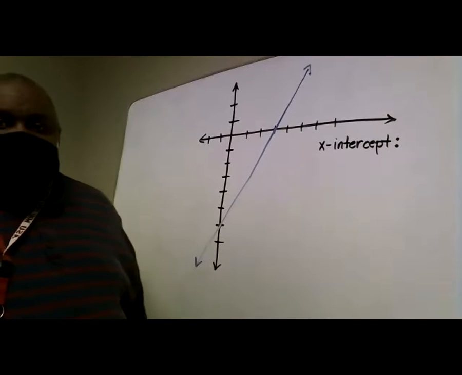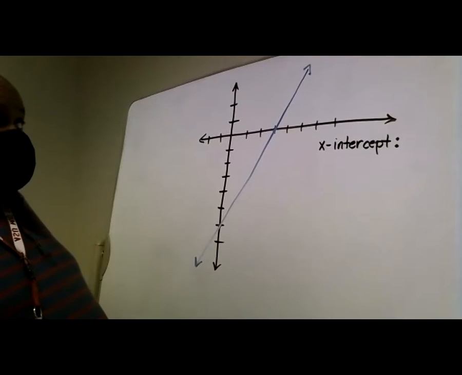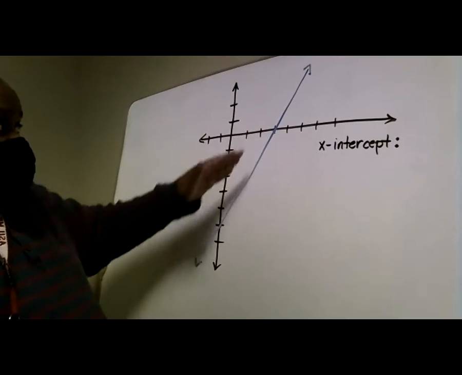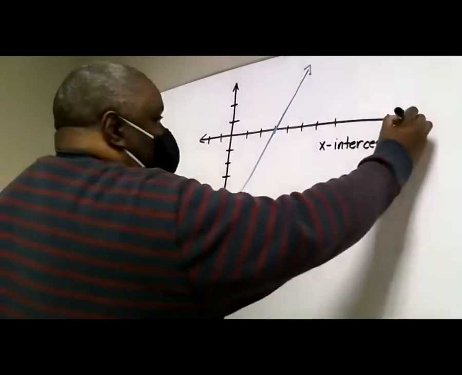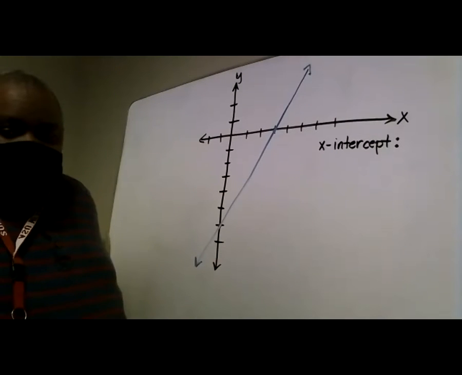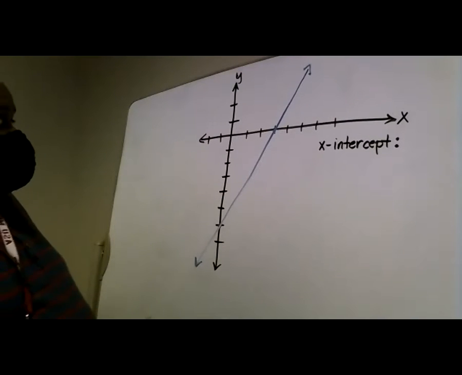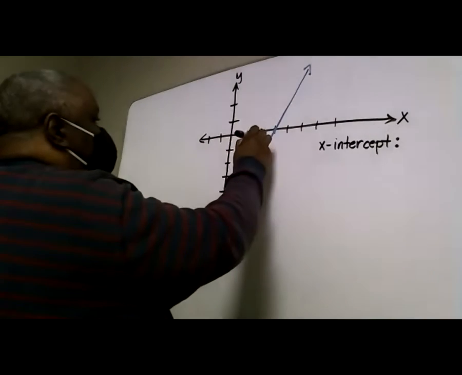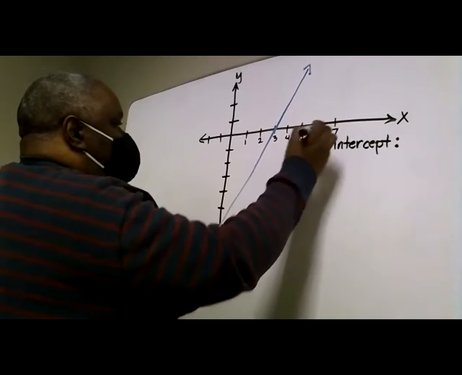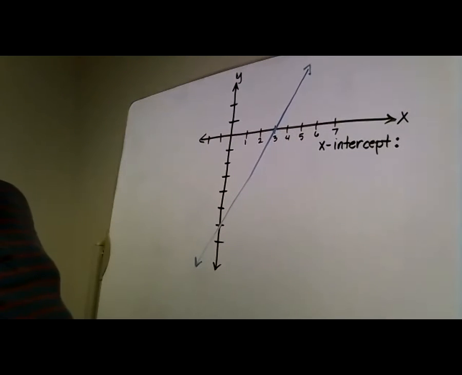All right, let me define what the x-intercept is. The x-intercept is the point where this line crosses the x-axis. In this case, this line crosses the x-axis at what point?